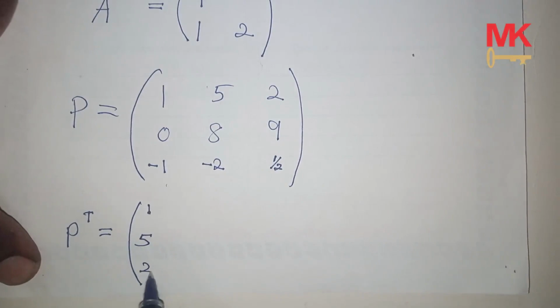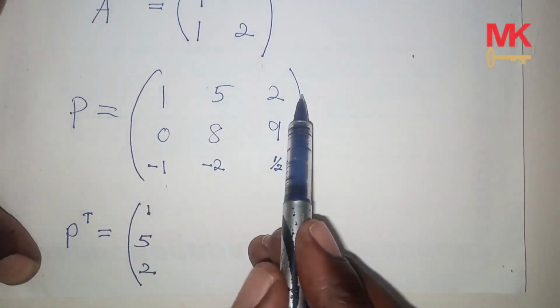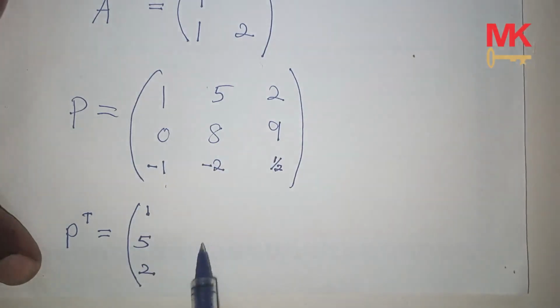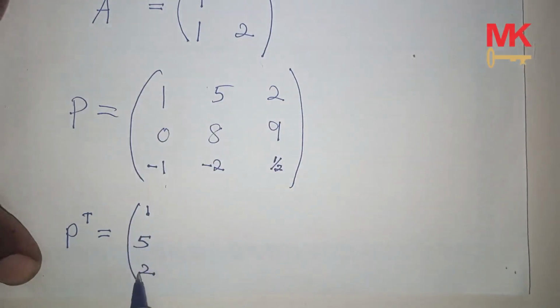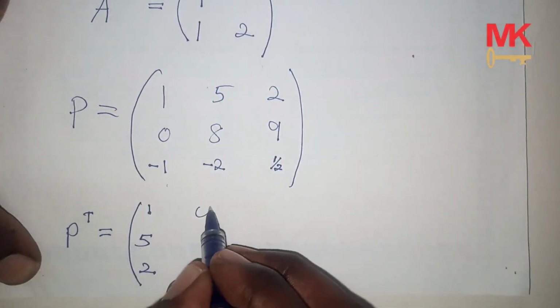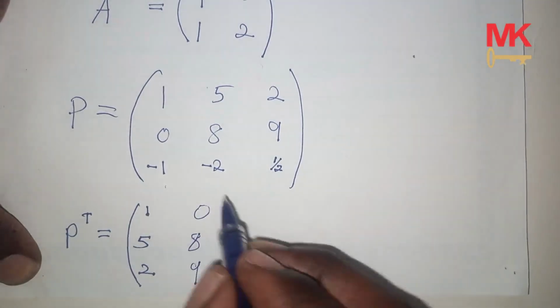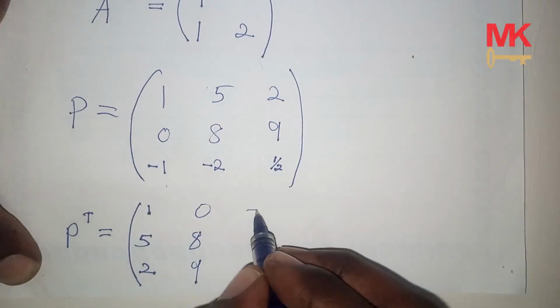The transpose of a matrix is simply making each of the rows become a column in the next matrix. So 1, 5, 2, then next is 0, 8, 9, and we have minus 1, minus 2, and 1/2.